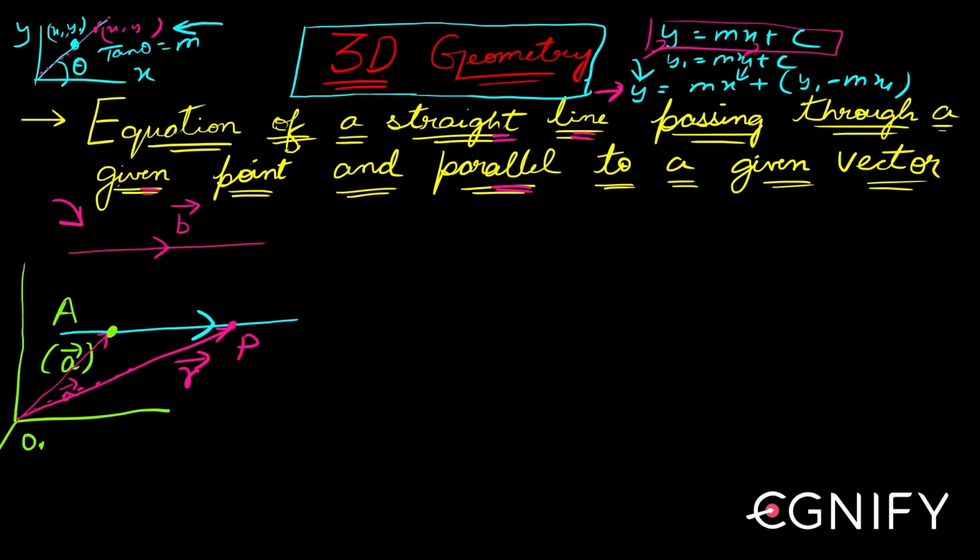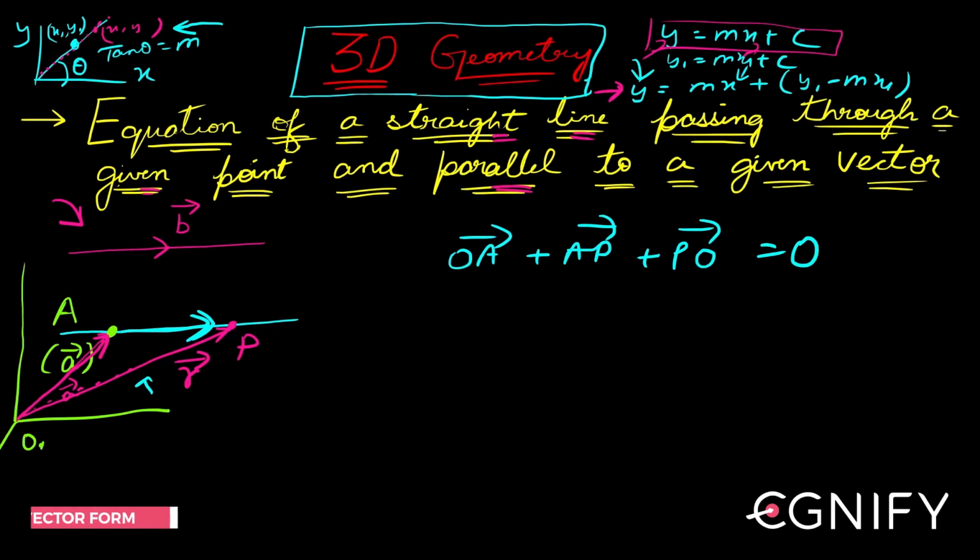As you can see, this vector, then this vector, and then this vector sort of form a triangle. So this vector OA bar plus AP bar plus PO bar should be 0, isn't it?